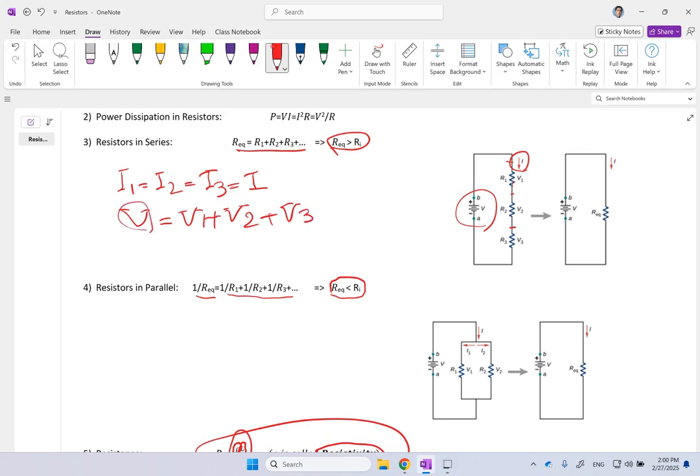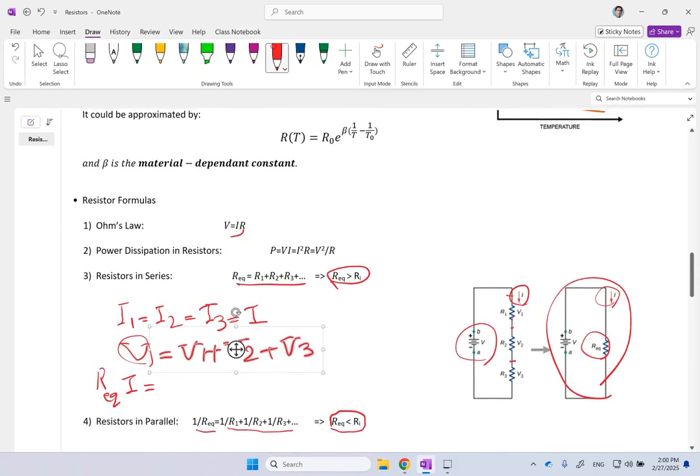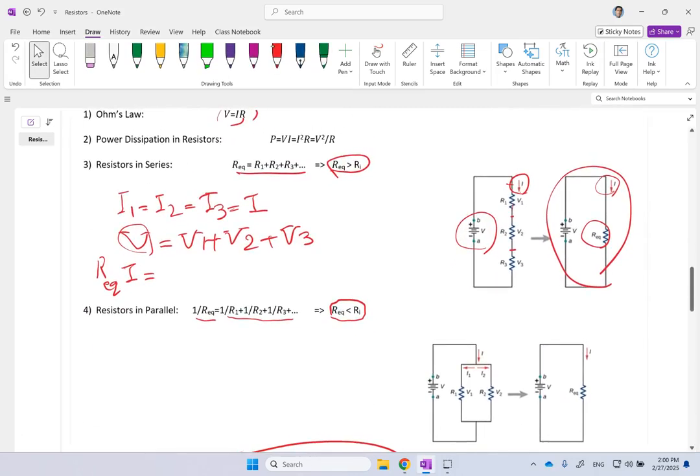Now V, in this circuit, is equal to I times R equivalent. V1, based on Ohm's law that we just learned, is R1 I1. V2 is I2 R2, and V3 is I3 R3.